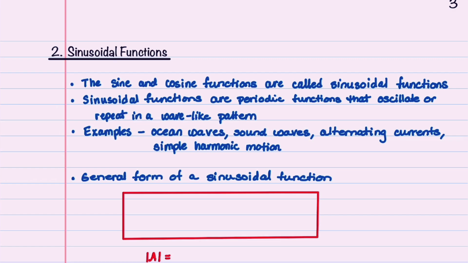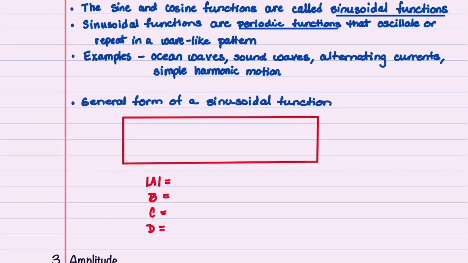We'll now turn our attention to graphing a more generalized form of the sine and cosine functions. The sine and cosine functions are called sinusoidal functions. Sinusoidal functions are periodic functions that oscillate or repeat in a wave-like pattern.